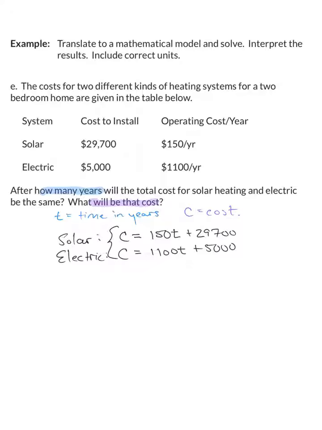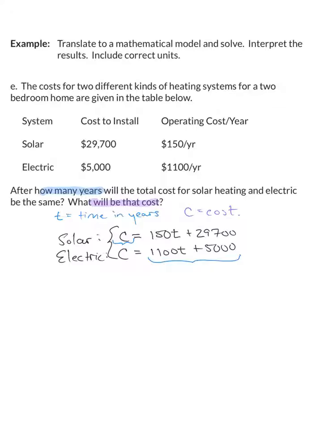So these are our 2 equations. The easiest way to solve this is substitution method. We don't have our variables lined up very nicely in order to do elimination. And so what we can do is take our 1,100 T plus 5,000 and plug it into the other variable in the other equation.